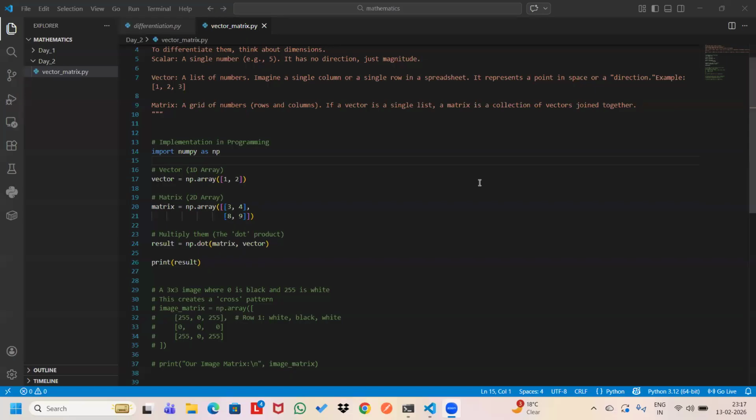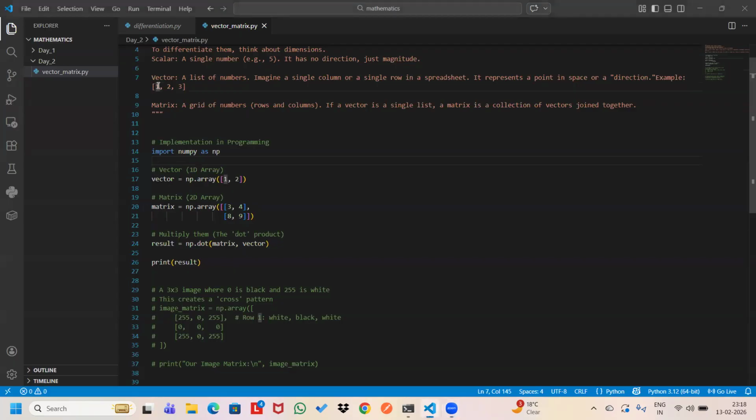If I talk about the key difference between all of this, then a vector tracks one set of attributes. It can be height, weight, and so on. Suppose here I have given an example.